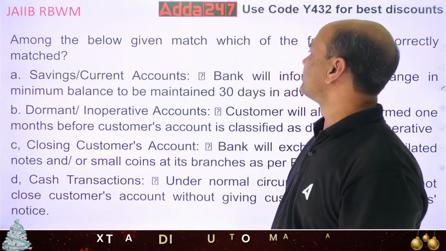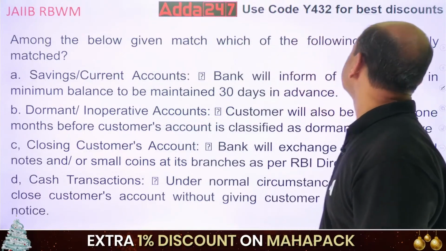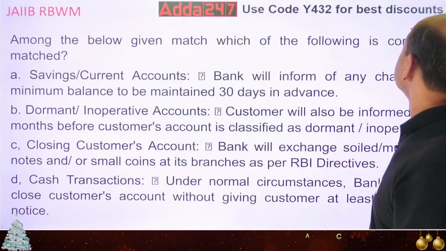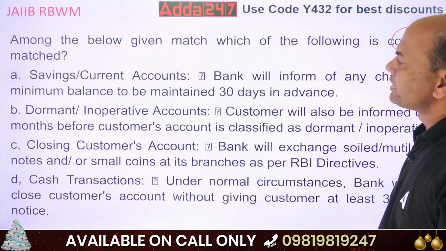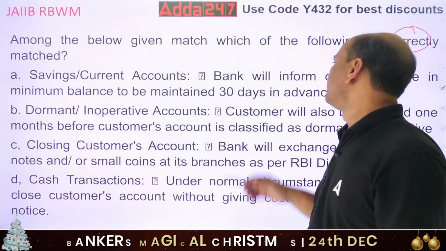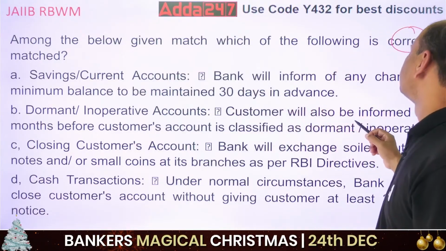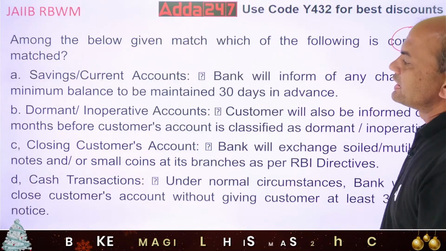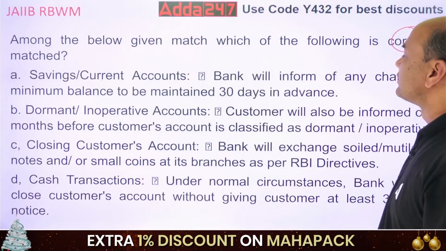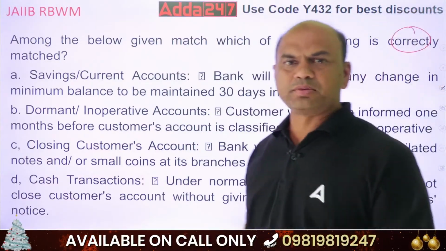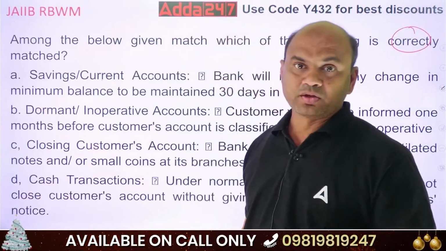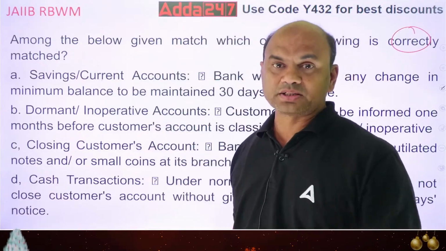Next, among the below given, which of the following is correctly matched? Say this, correctly. Saving current accounts: bank will inform of any change in the minimum balance to be maintained 30 days in advance. In CASA account, if you are changing the minimum balance or MAB, you have to inform the client in how many days? 30 days.